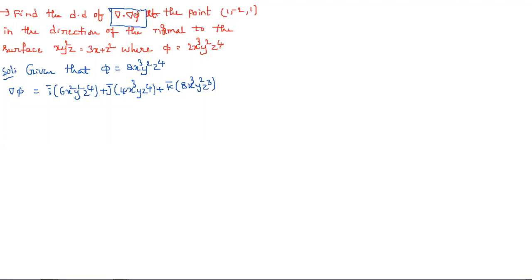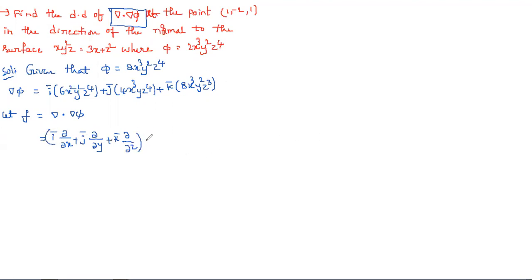This is del phi, but what I require is del dot del phi. So for that I give the name: let f equal del dot del phi. It means we are applying a dot product. Del is nothing but i dou by dou x plus j dou by dou y plus k dou by dou z, dot del phi.